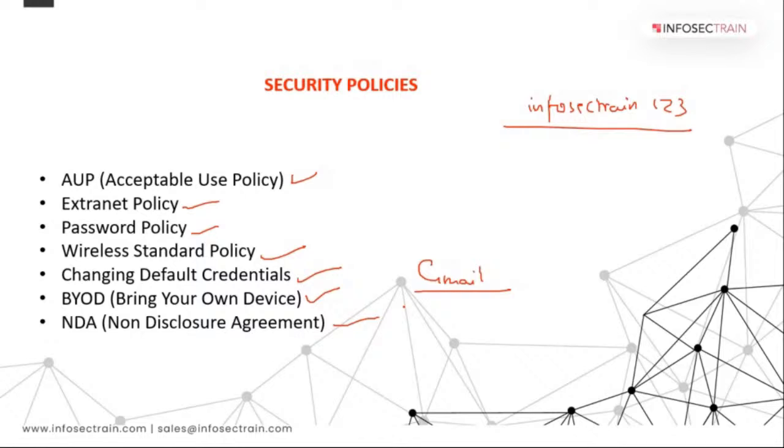So that is your non-disclosure agreement. If found that you have shared some secrets of organization with others, then they can take action on you, right? So legal action can be taken, right?